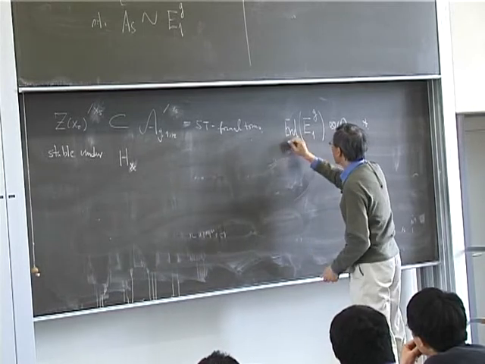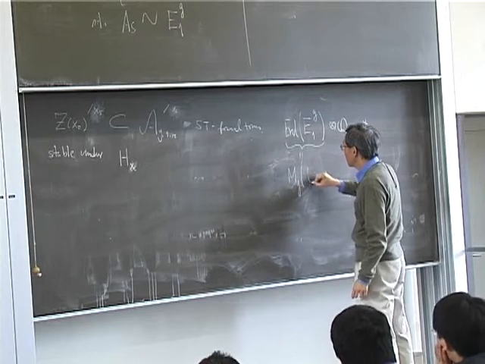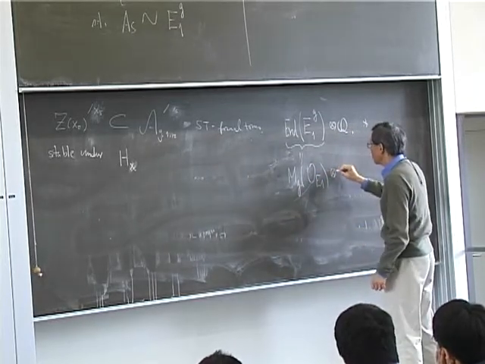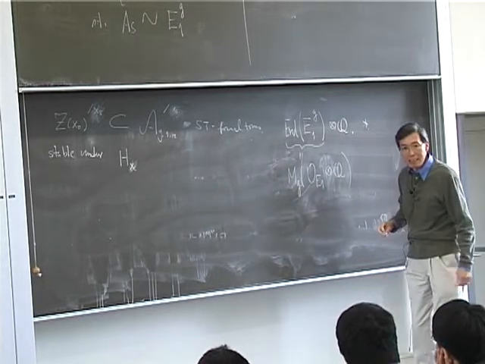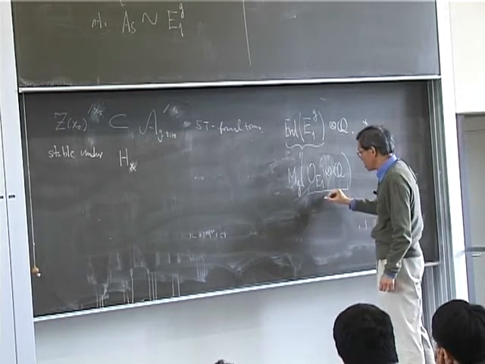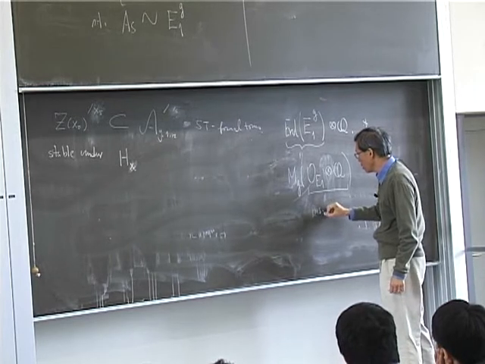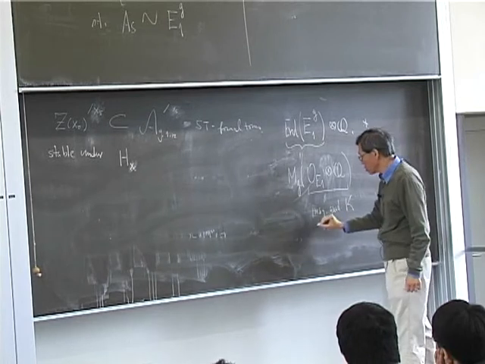Now, what this is, is just G copies of O_E1 tensor Q. But in Francis' talk, we have seen that this is an imaginary quadratic field K, split above p.